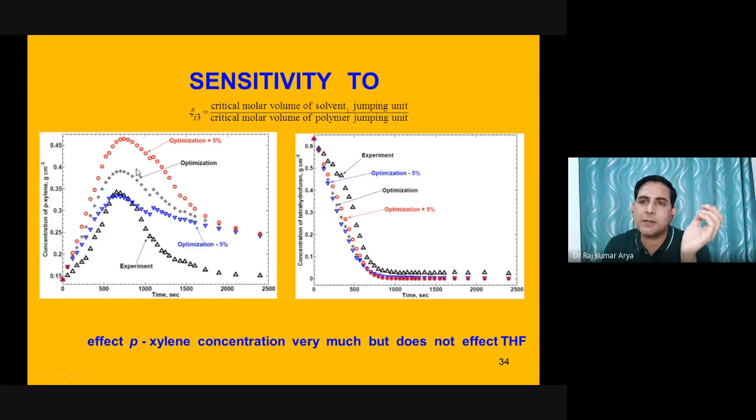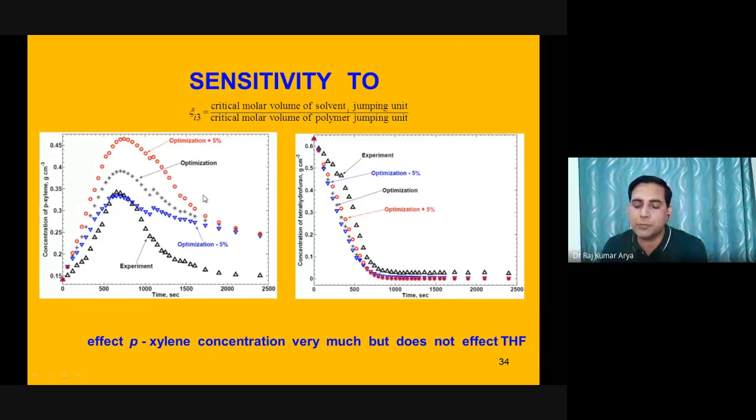This was my first optimized set, the black star one. And you see, once I compared with the experiment, it is not able to predict. So something went wrong. I have to re-optimize because my combinations are four, so I have to see the sensitivity.